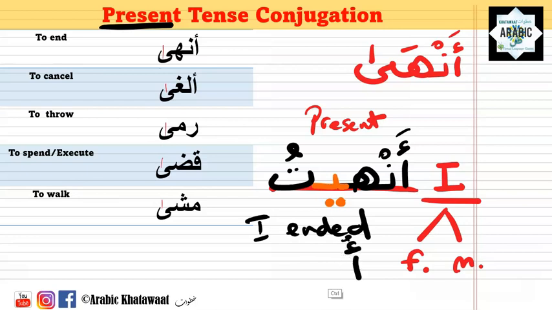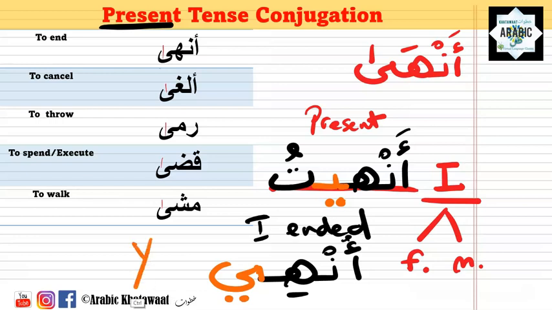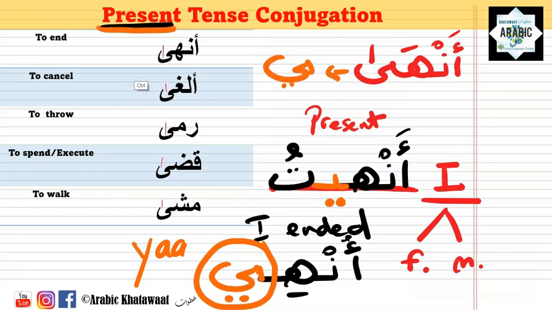I end, and it will keep the exact same ya, whether you're doing it in the past or in the present. But we're focusing more on the present. That's why I'd like you to see how the alif maqsoura over here becomes a ya in all of these verbs that end with alif maqsoura.